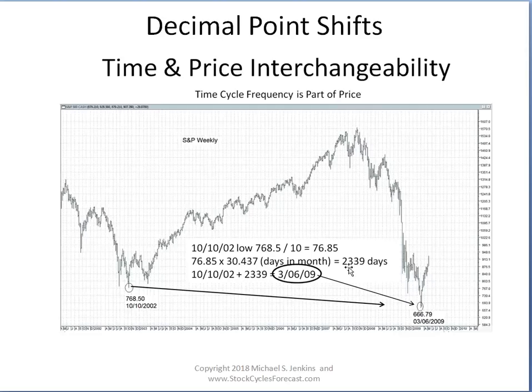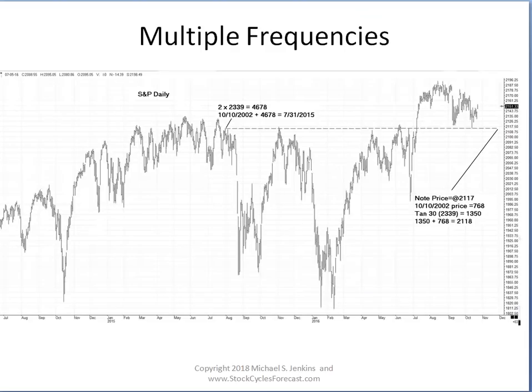And that would result in 2,339 days, which we've used in some of the prior exhibits. And from that low in 2002, 2339 days is exactly 3609, the exact 666 low day. So we see these decimal point shifts are very important at times numerologically.